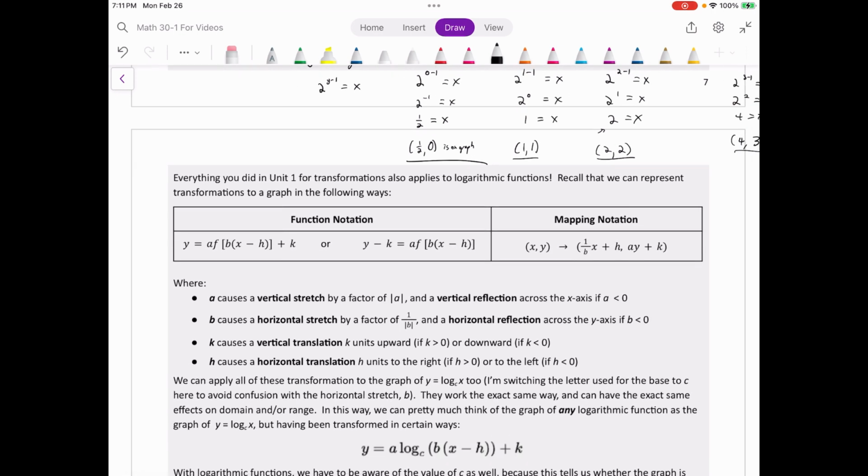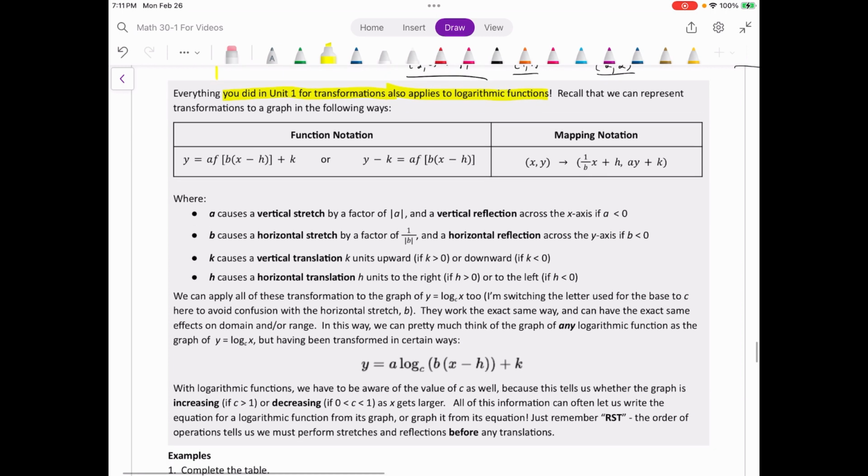All right. Now that we've thought a little bit about the graph of a base logarithmic function, let's think about messing with it. Again, you're probably sick of hearing me say this, but it's because it's the same thing. It's the same skills. Everything we did in Unit 1 for transformations also applies to logarithmic functions. So I'll go really fast through this because we've seen it a million times now, but A causes a vertical stretch by a factor of A, vertical reflection if A is negative.